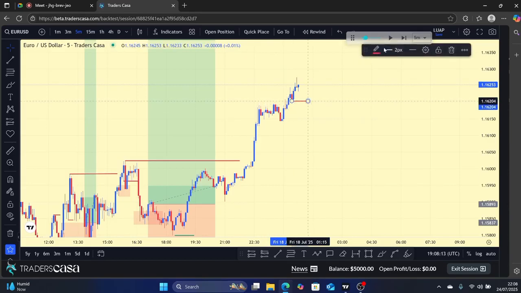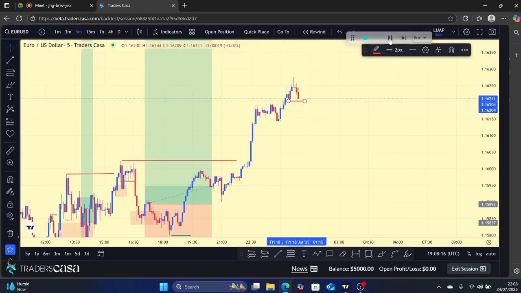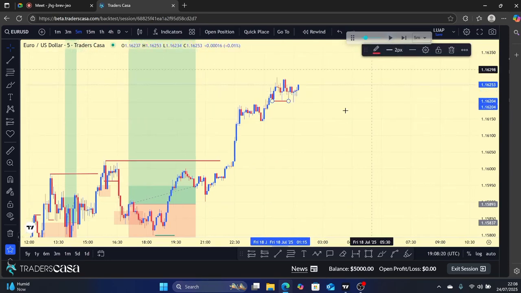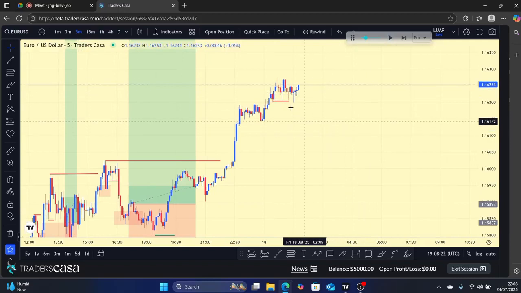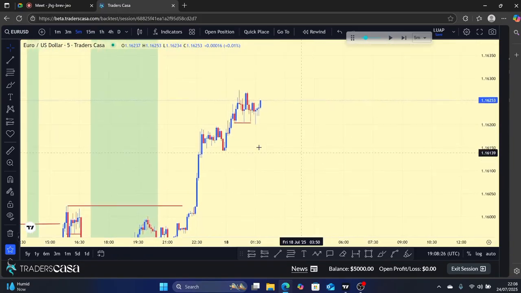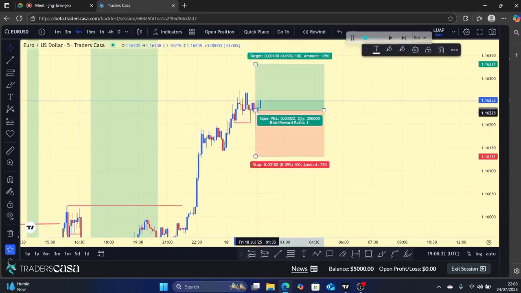Right, so let's continue. Right, exactly right there. You can clearly see that the major inducement is actually swept by this candle, and this candle closed bullish. So the entry was supposed to be exactly right there.